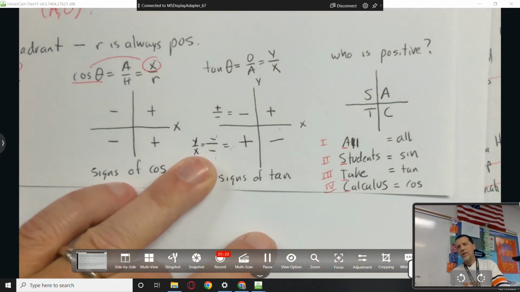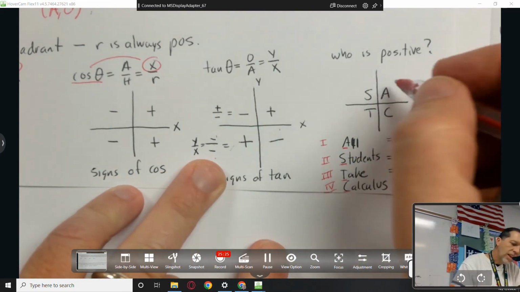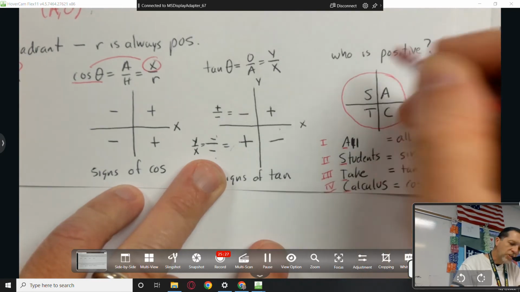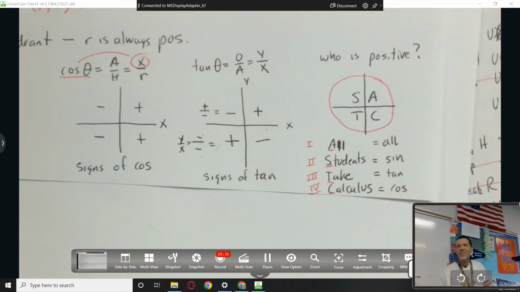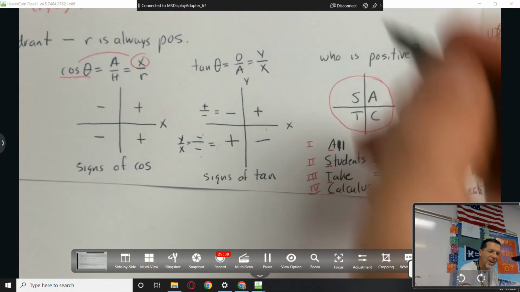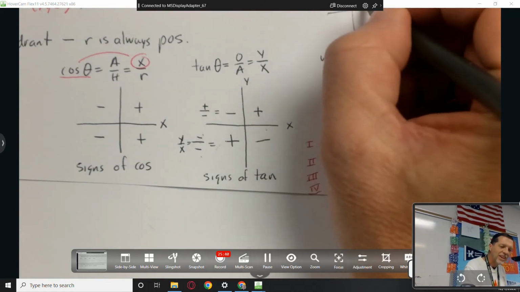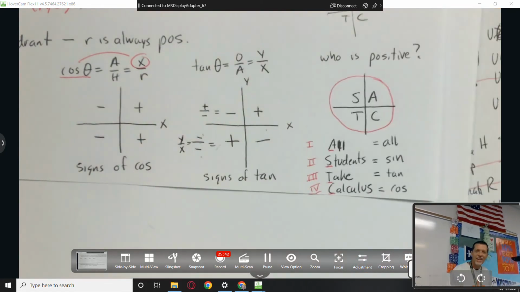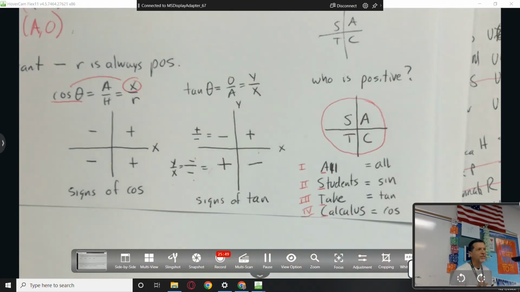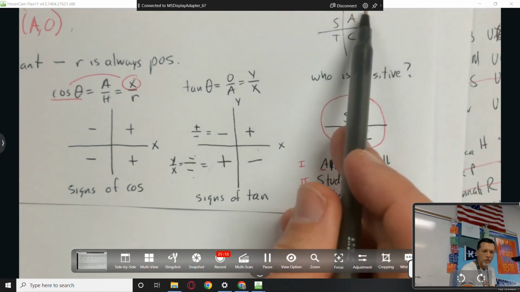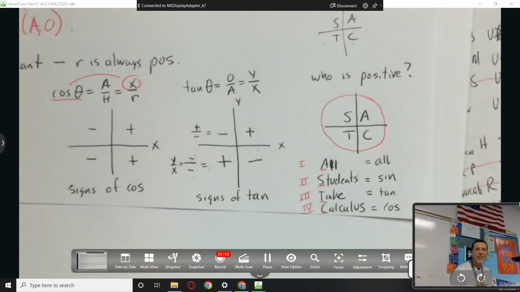All students take calculus. Tells you who's positive. You will see that picture on tests for the rest of the year, because we use this the rest of the year. A lot of students, every test from here on out, as soon as I hand it out, they draw that and they're ready to go. So it's a pretty quick and easy little device to help you remember who's positive where. Make sure you go in order. All students take calculus, and from there it's pretty easy.